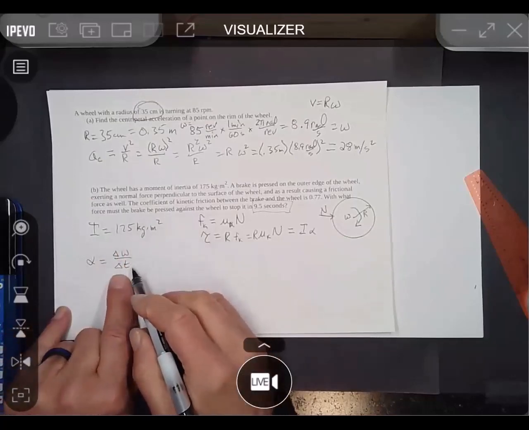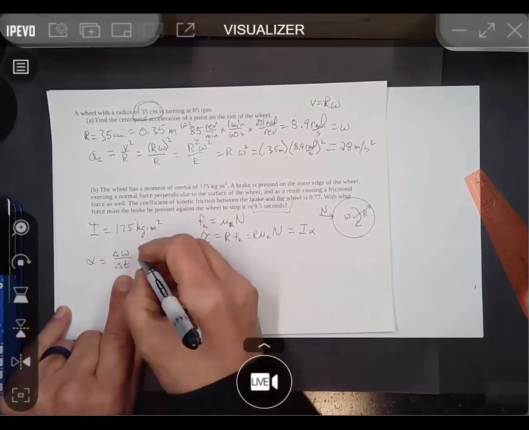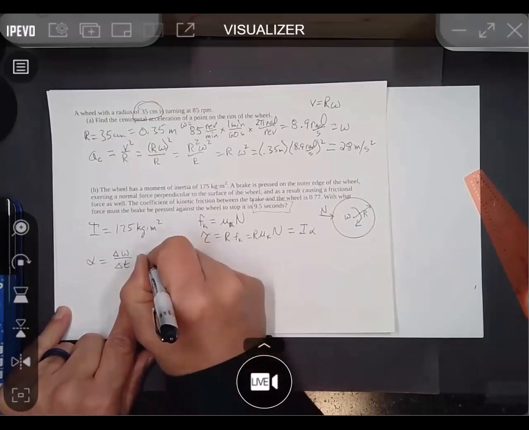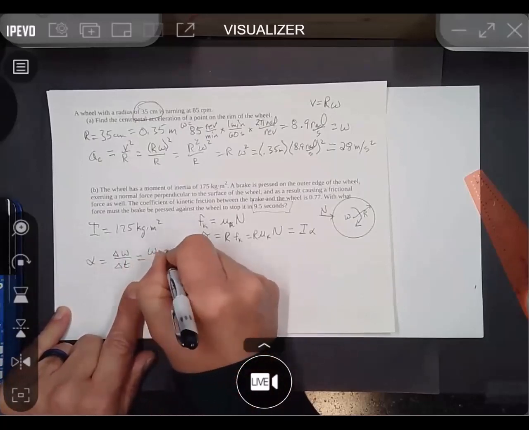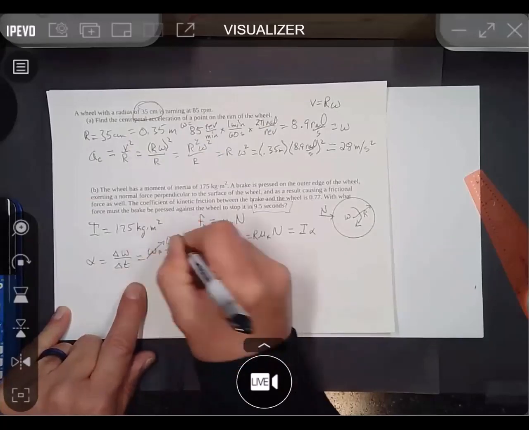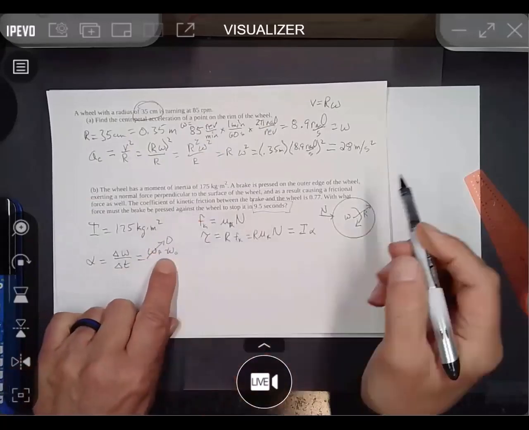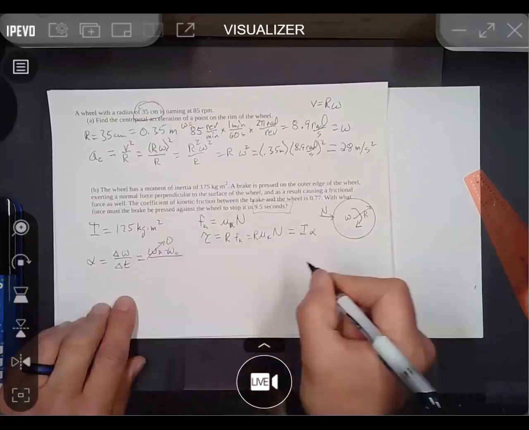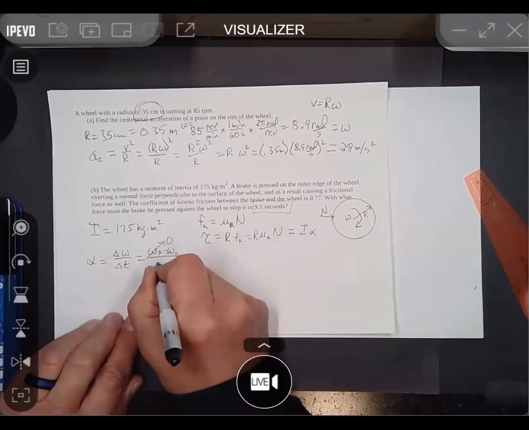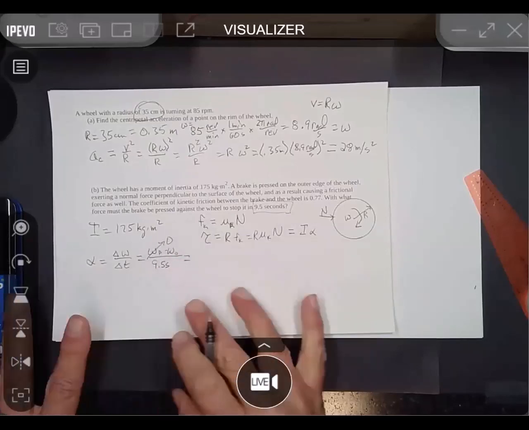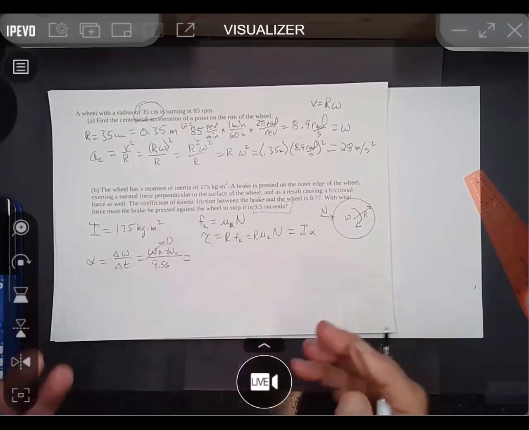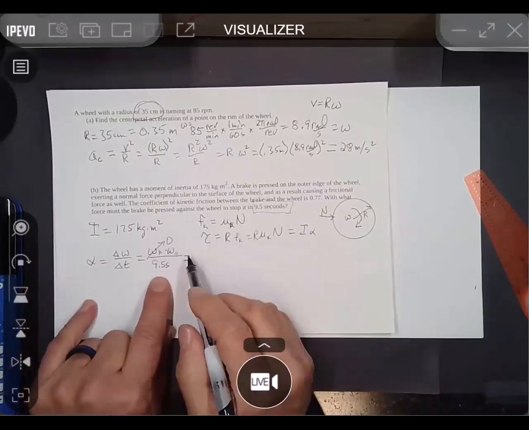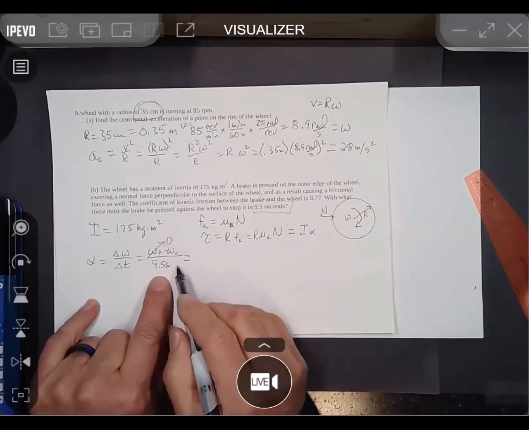That's its definition, or d omega dt. But in this case, it'll be omega final minus omega naught. This is 0. Omega naught was the 8.9 radians per second, and the delta t here is 9.5 seconds. A lot of times I would solve all of this in terms of variables, but here let's just figure out alpha by itself.